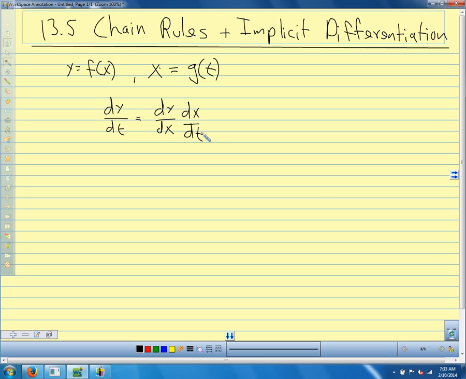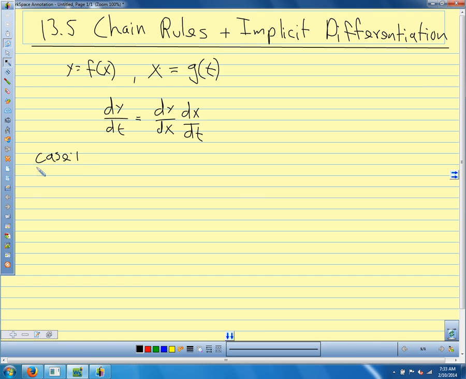For multivariable functions, just like when we talked about second partial derivatives, because we can have various kinds of dependencies with our variables, we have several chain rules. I'm going to call the first one case 1.